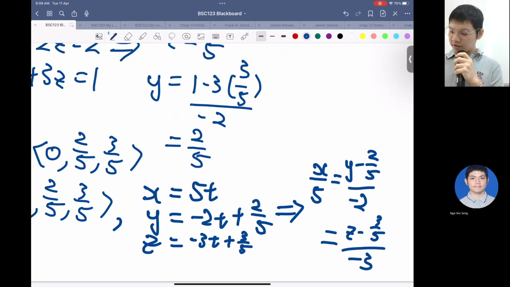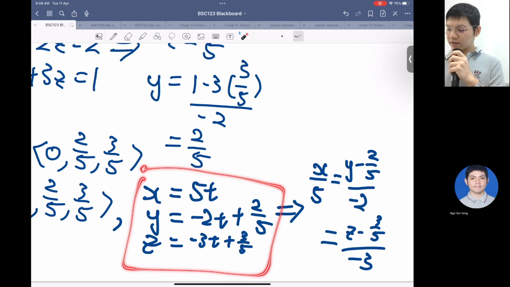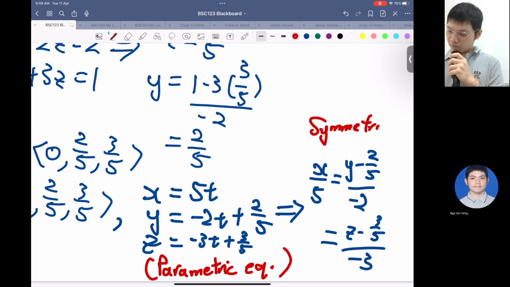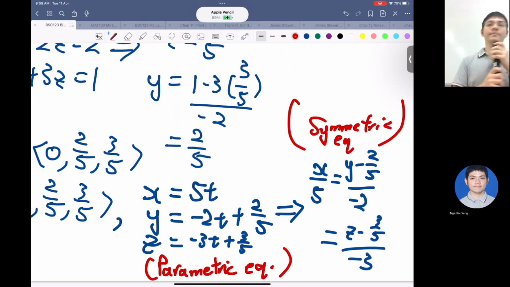If the question needs the parametric equation, then you stop here. If it needs symmetric, so let me write down. So this is the parametric equation, and this is the symmetric equation.